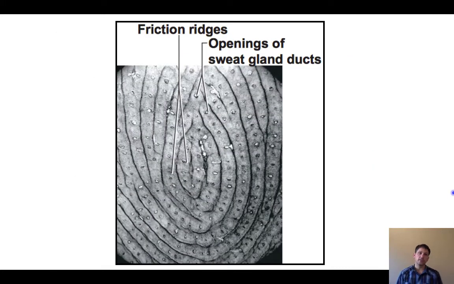If we look really closely at those friction ridges, we also have lots of openings of sweat glands on our fingertips. And so when we grab something, it's that residue that's left over from the sweat glands and the substances that are secreted on those friction ridges that give us that fingerprint.